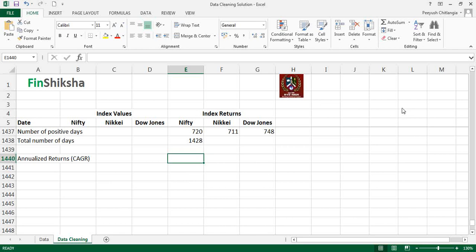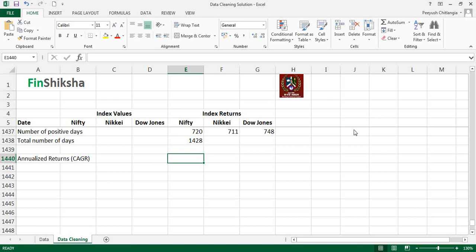In this case, the number of years will be a decimal. So let's look at how do we really go about calculating this set of years and calculating the CAGR based on that.